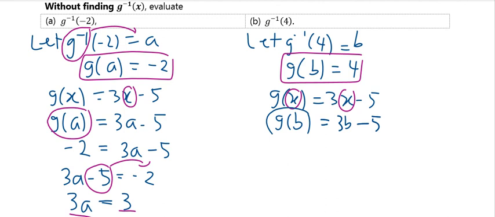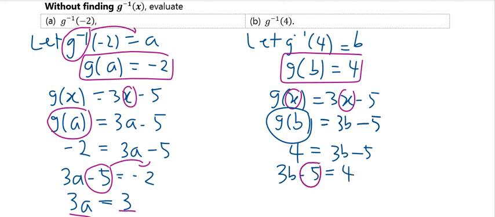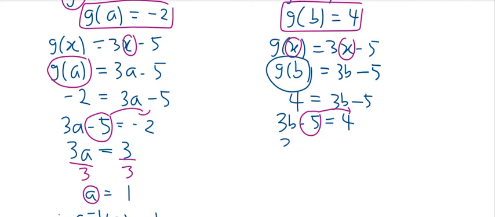So when you replace this, it is actually 4, not minus 4. So 4 equals 3b minus 5. And then you proceed with solving for b, which will be familiar to you. So you will have 3b equals 4 plus 5, which is 9, because here negative 5 moved to the other side becomes plus 5. So your b will be 9 divided by 3, which is 3.